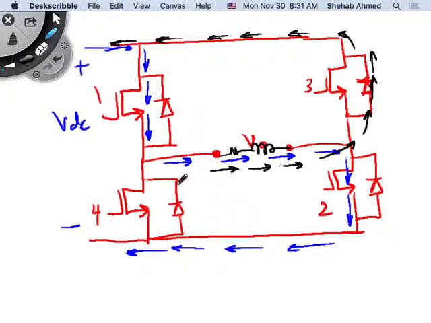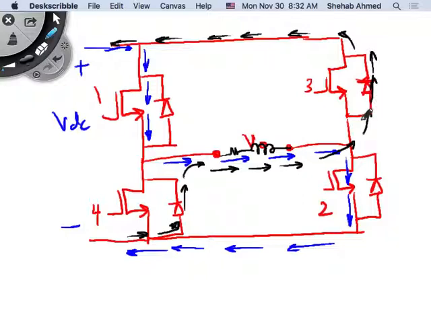I did not turn on 4, so it's going to come through this diode, right? And it makes sense. Current has flipped polarity in the supply. My supply current has flipped polarity. So this is the freewheeling time. During the dead time, current is freewheeling through these freewheeling diodes.